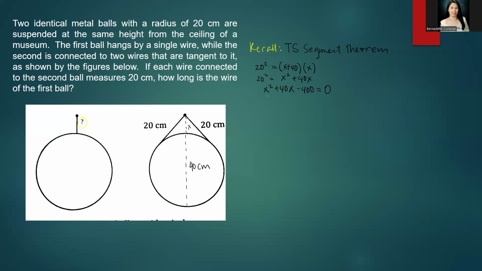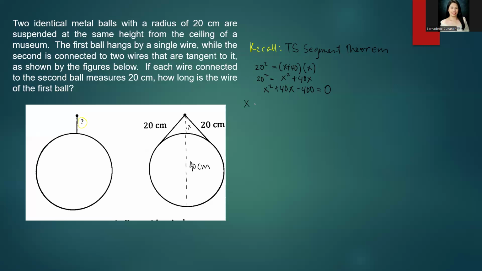Now, this quadratic equation, we cannot come up with a factor or factors of this quadratic equation either by trial and error or considering this equation as a perfect square trinomial. So what we can do is to recall the quadratic formula.